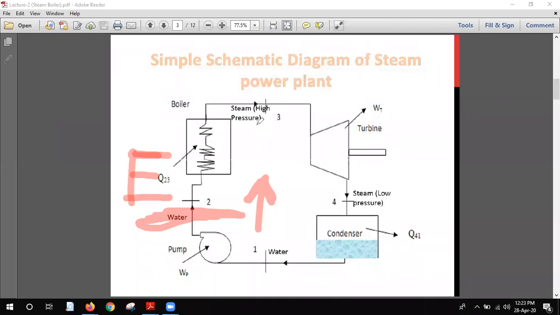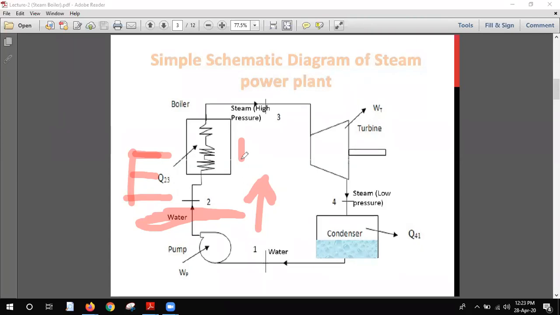So now the water temperature becomes high. When it goes to the boiler, it requires less fuel, because the water has already gained some amount of heat energy. Now we will require less fuel to make that water into steam.